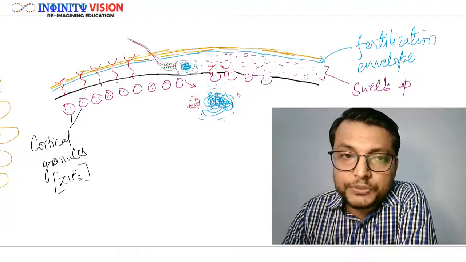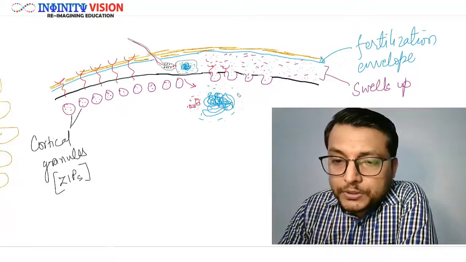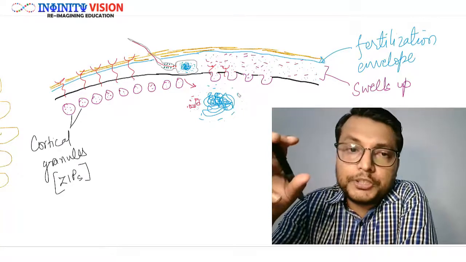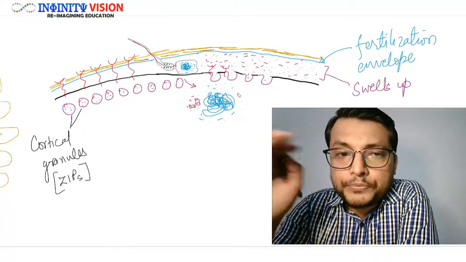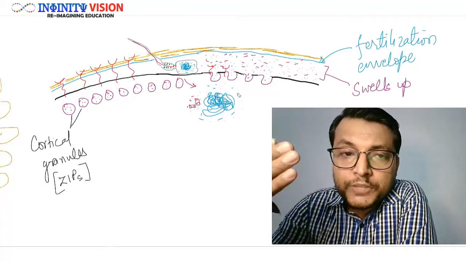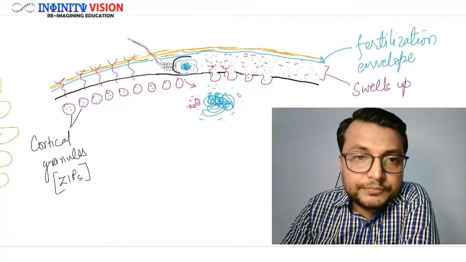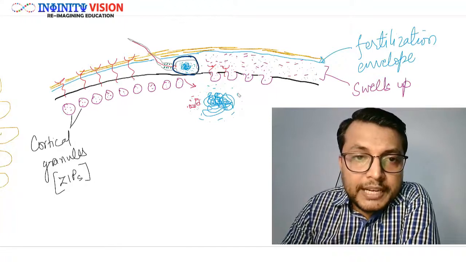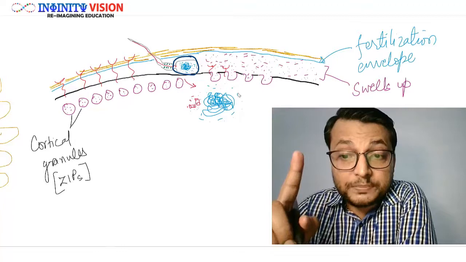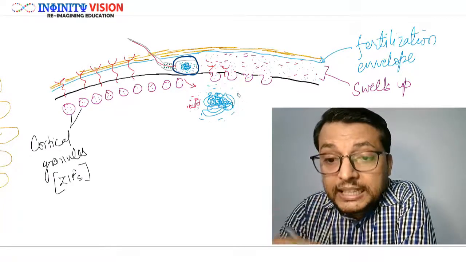Now what happens? The membrane of the sperm and the secondary oocyte fuse with each other. Because of this fusion, the head part of this sperm, only this particular sperm, not any other, will be taken inside.